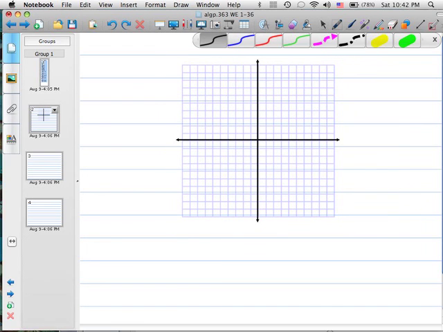So make a small coordinate plane for yourself when you do these problems.